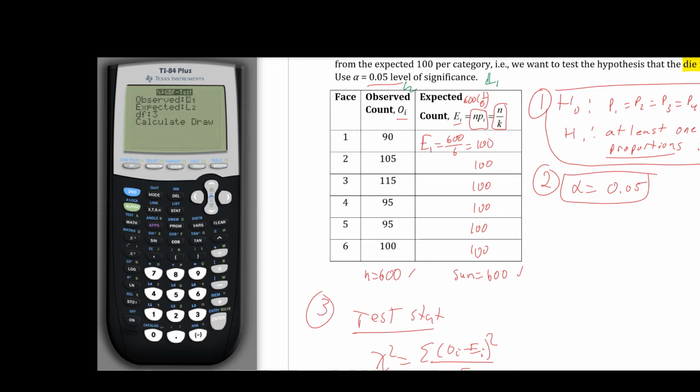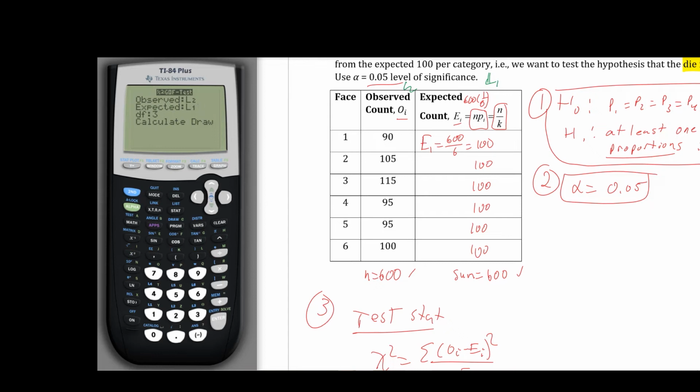Now, my observed were actually in L2, so I'm going to reverse this. This is L2, and this is L1. Why did I do that? Just for fun, really. Also, if you do happen to be using the Math 200A program, it requires this order.